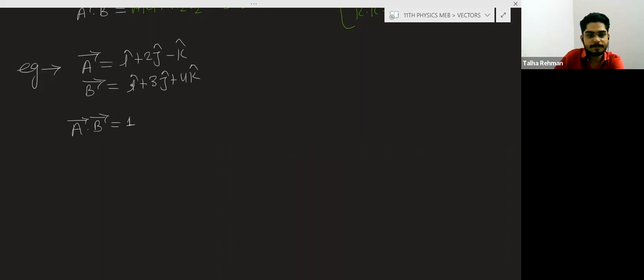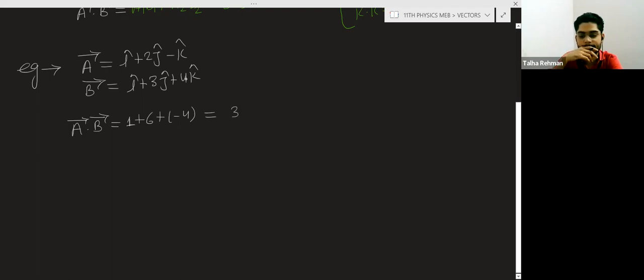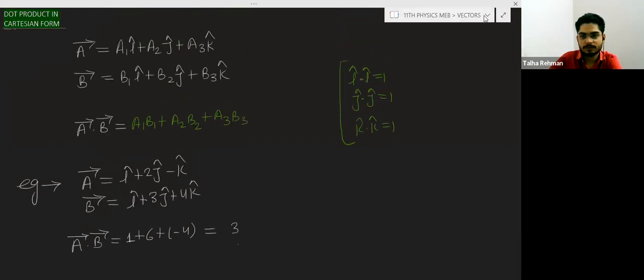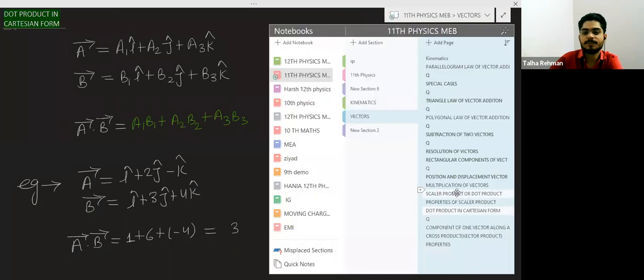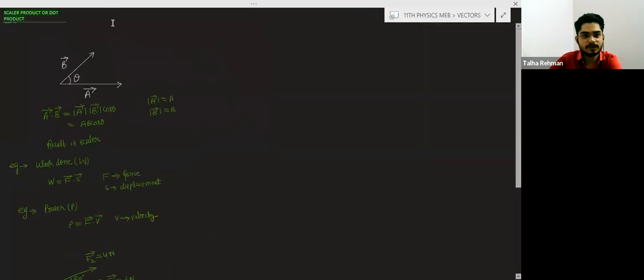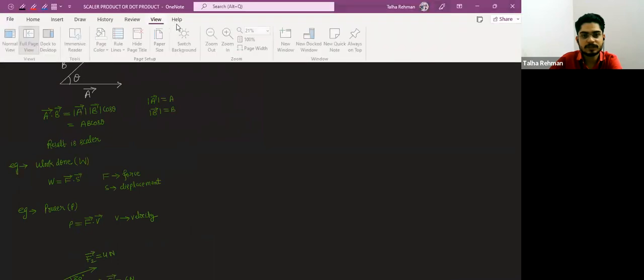Plus, here is 3, here is 2, this will become 6, plus here is 4, here is minus 1, so this will become minus 4. So the final answer will be 3. So the dot product of vectors, or scalar product, is very simple. So just note down this.